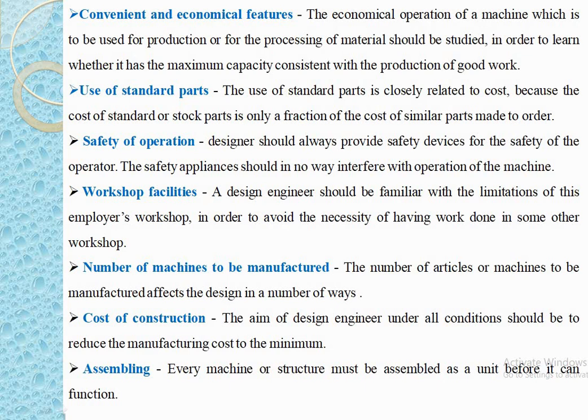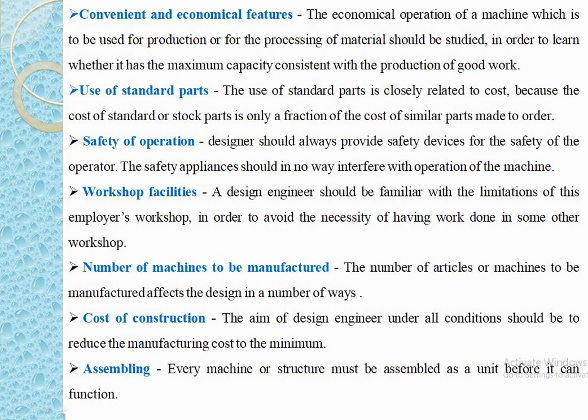An order calling for a small number of products will not permit any undue expense in the workshop processes, so the designer should restrict his specifications to the standard parts as much as possible. That is the use of standard parts. If you are not going to use the standard parts, then it will add to the cost.